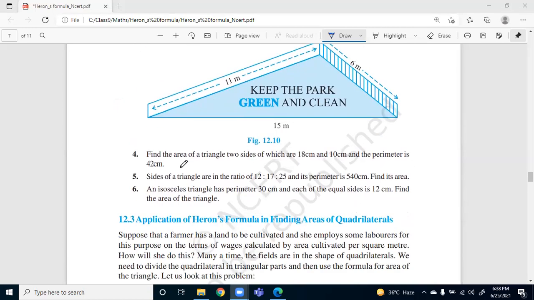Question number 4. Find the area of a triangle, two sides of which are 18 and 10, and the perimeter is 42 centimeter. So read the question and think about the solution. Okay, what do you say?